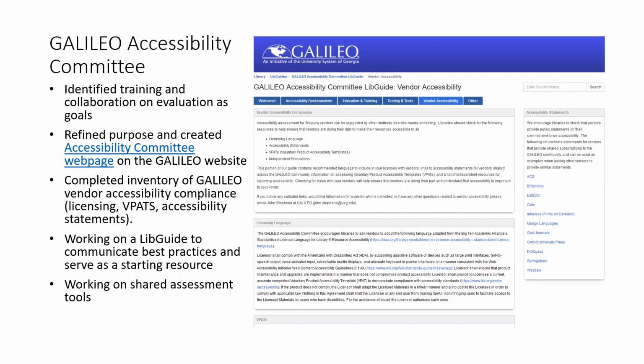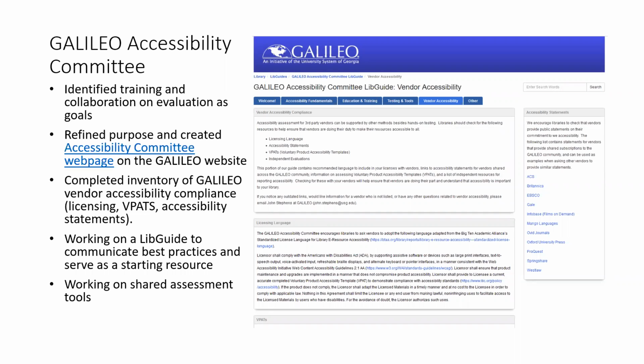Going back to those ways in which the committee helps me, this committee has helped me with completing an inventory of Galileo vendor accessibility. Now, we have kept accessibility in mind really ever since I've been here. We've had help articles within the website. We do check licensing language.